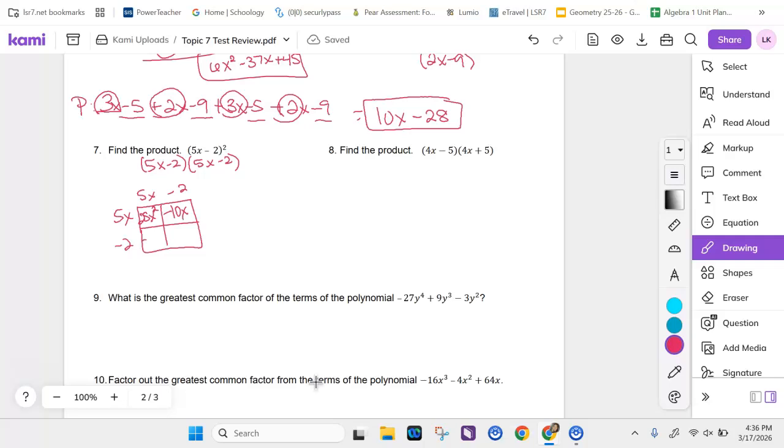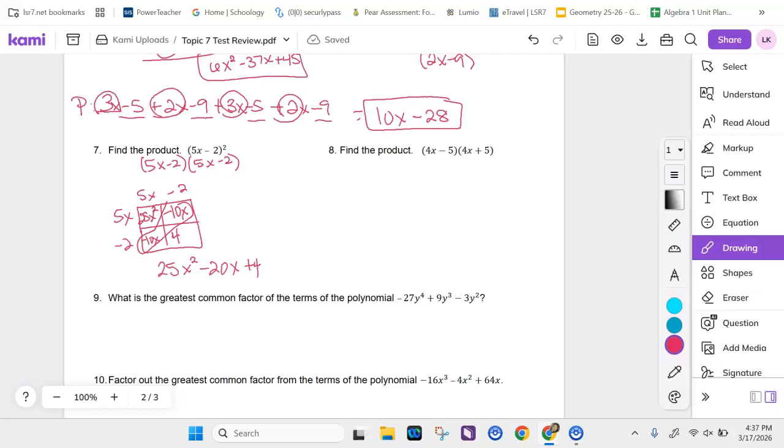Negative 2 times 5x is negative 10x. And negative 2 times negative 2 is a positive 4. Combining my like terms, 25x squared minus 20x plus 4.